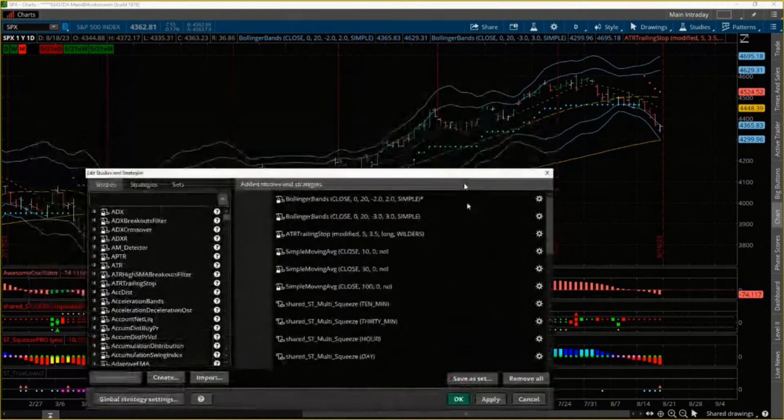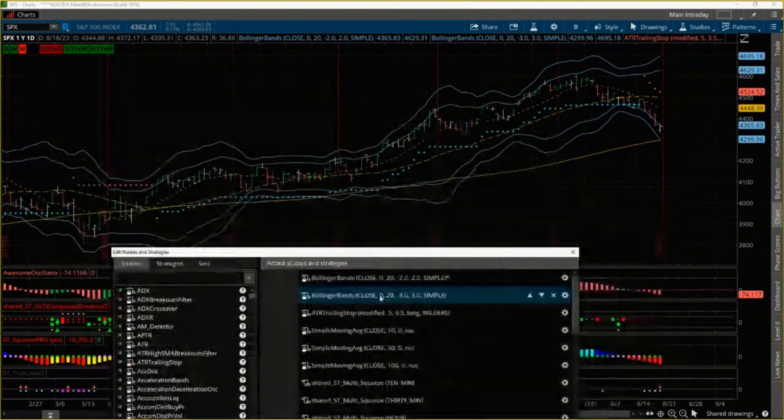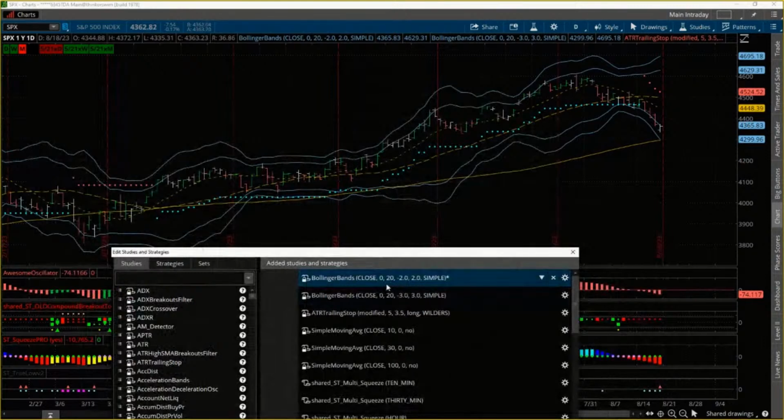Now, the reason why I have the second deviation Bollinger Band up is, one, usually when you add the setting, the default setting is the second deviation Bollinger Band. And the reason is because, as you can see, the underlying price mainly trades within that range, right? That is where it is naturally within its comfort zone.